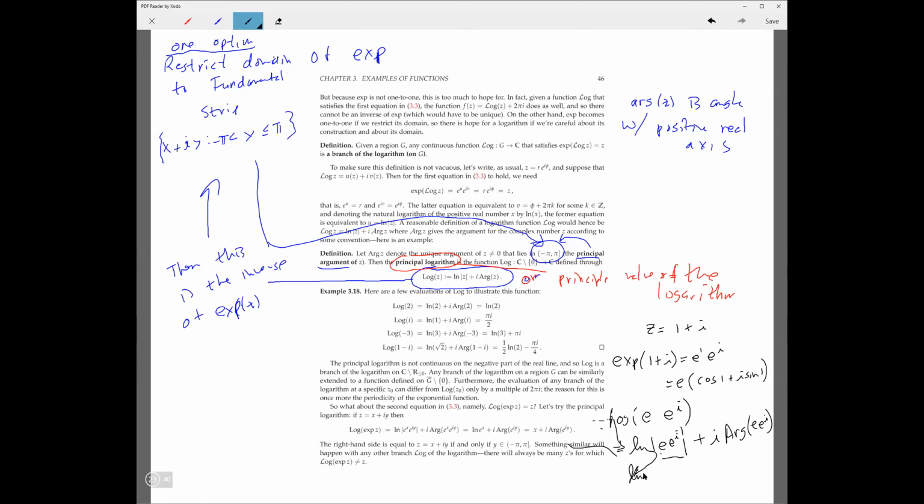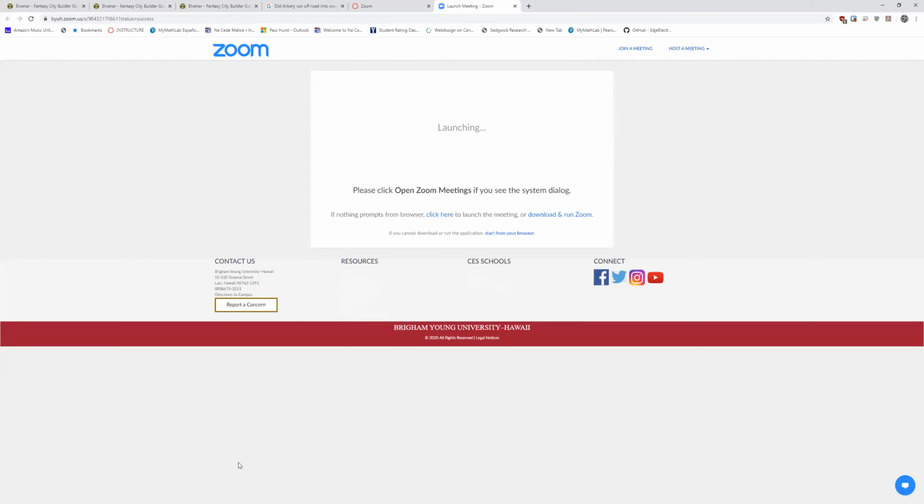So just e, without the absolute values. Hold on, this is acting really weird. Let me just save this and close it really quick. I'm just going to close that program and open it up in just a second.